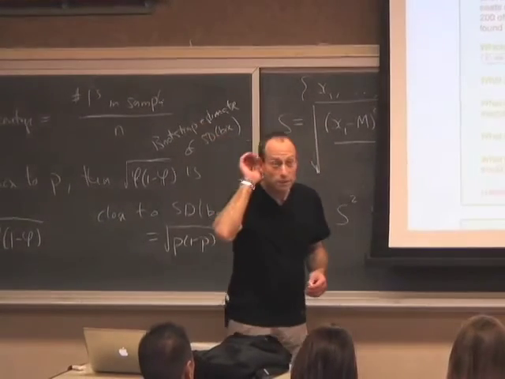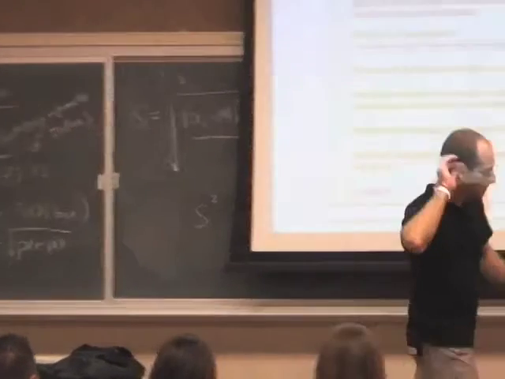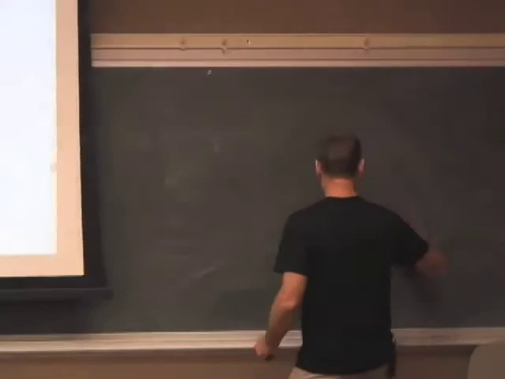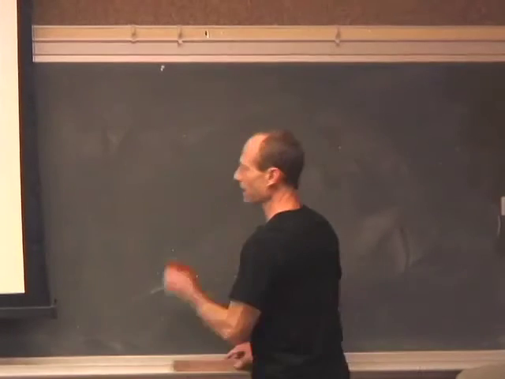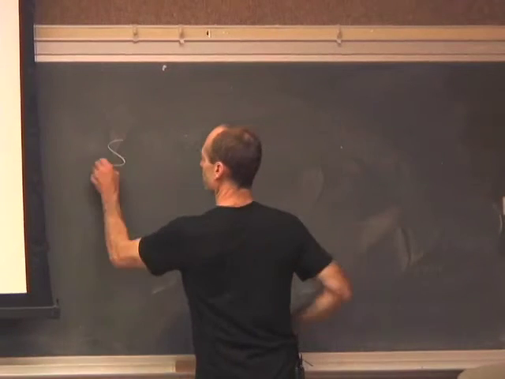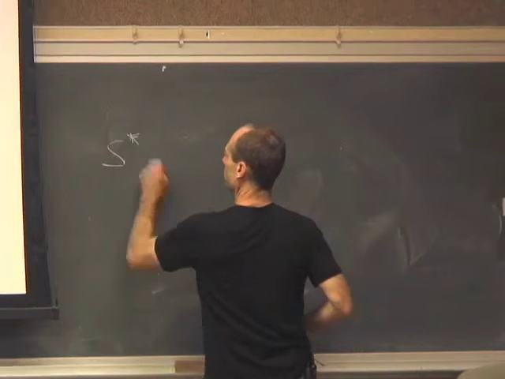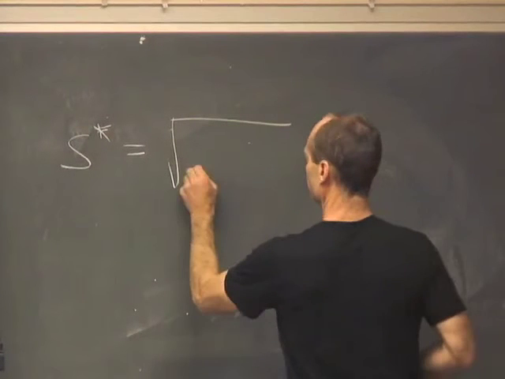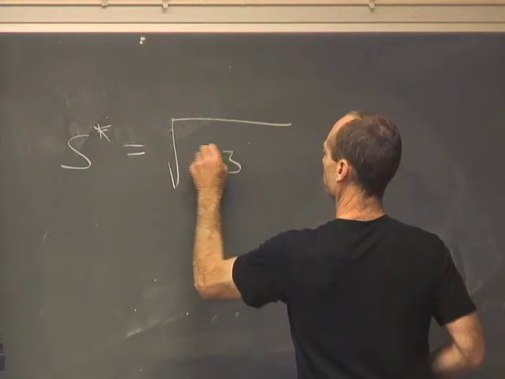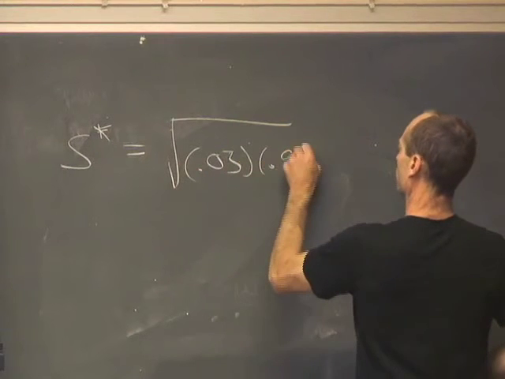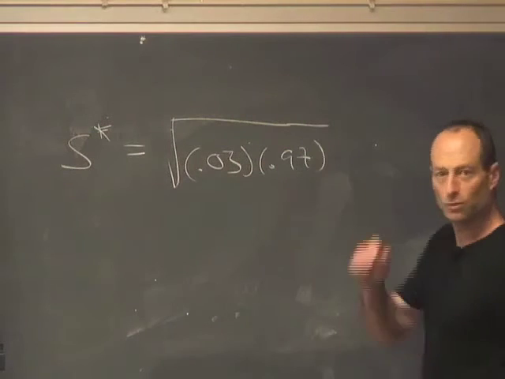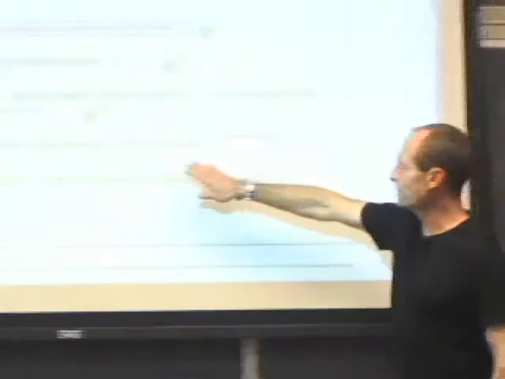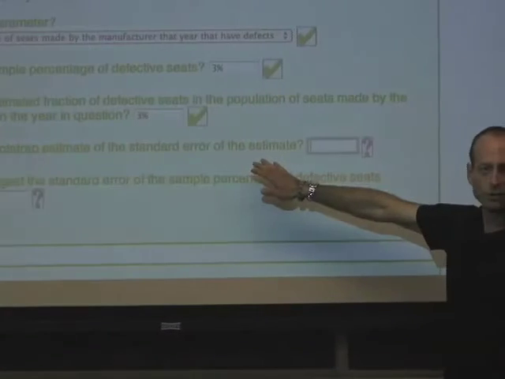Our bootstrap estimate of the SD of the box is S star, which is going to be the square root of 0.03 times 0.97. Then how do we turn that into an estimate of the standard error?